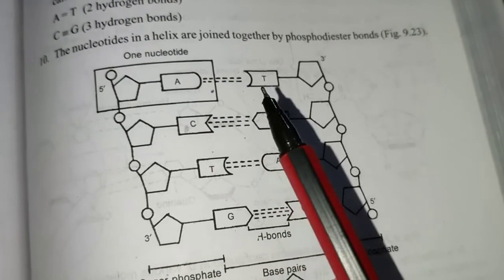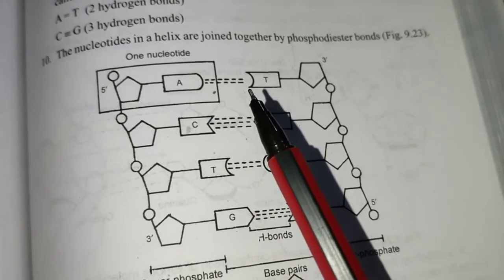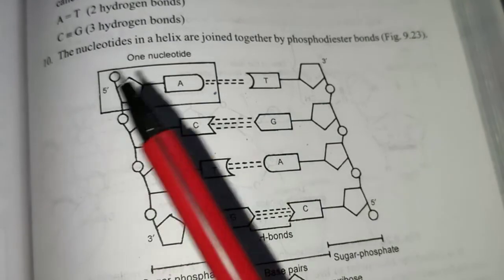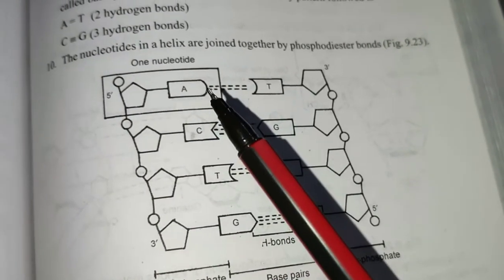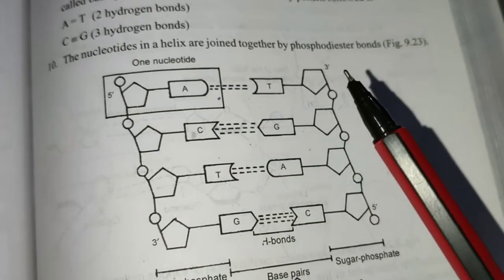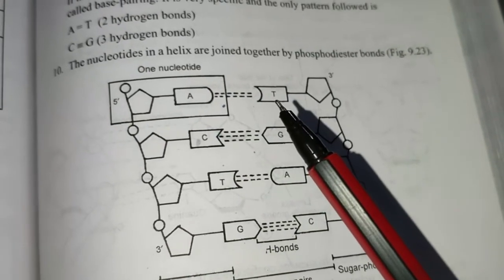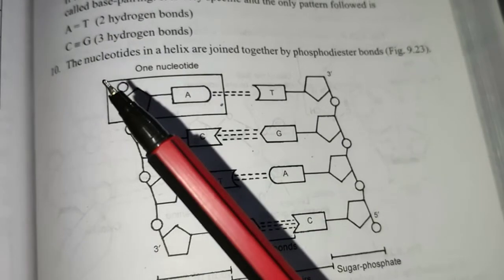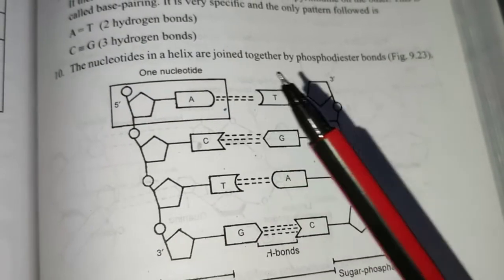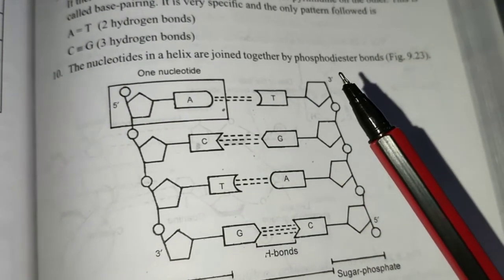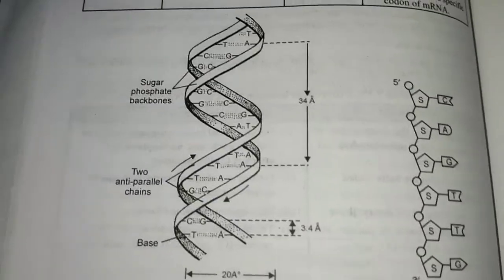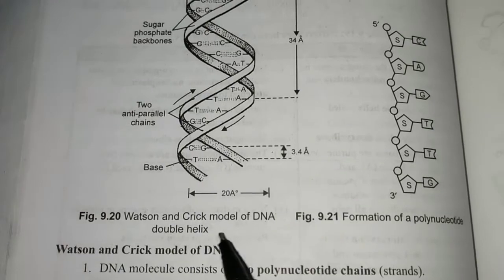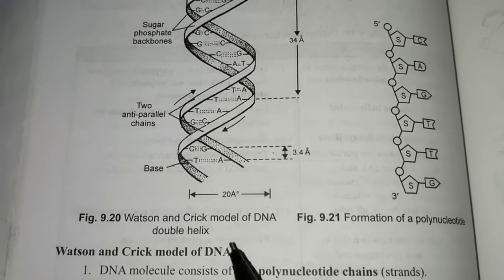So these are linked together by 2 weak hydrogen bonds. So this is one complete nucleotide: phosphate, sugar, nitrogenous base. Phosphate, sugar, nitrogenous base. Is it clear? And the nucleotides in a helix are joined together by a phosphodiester bond. So this is the Watson and Crick model of DNA double helix.